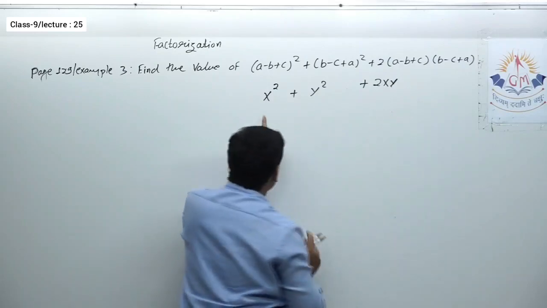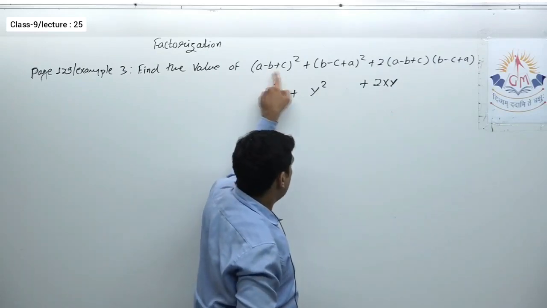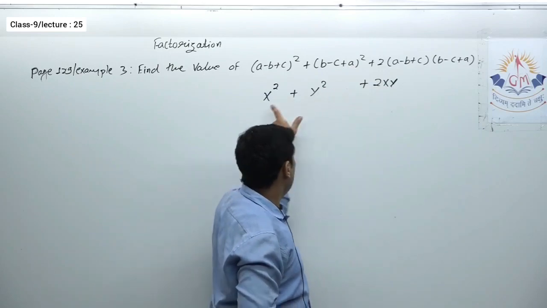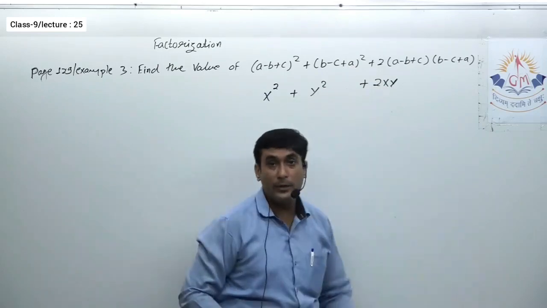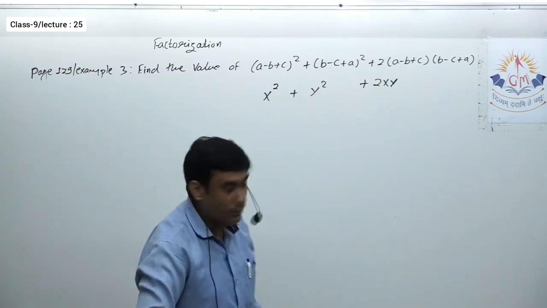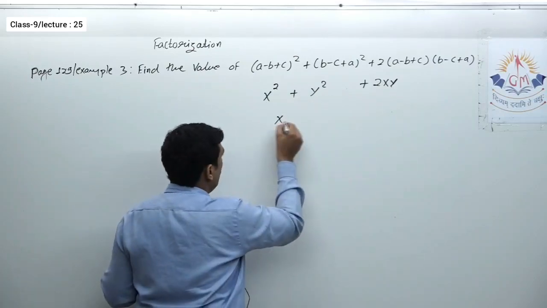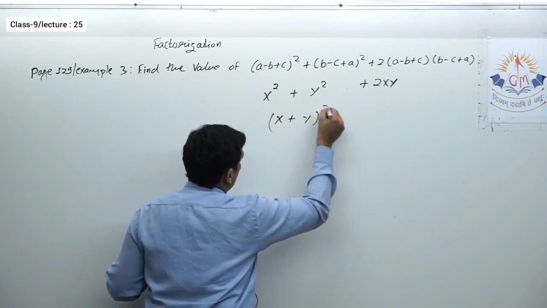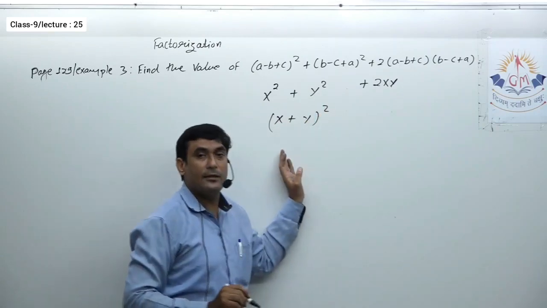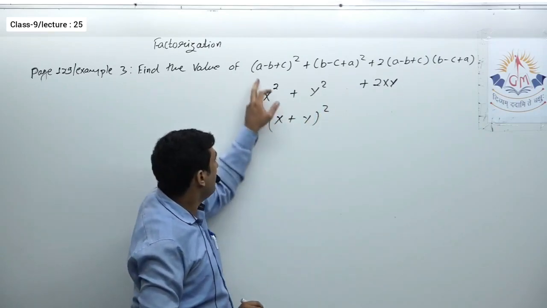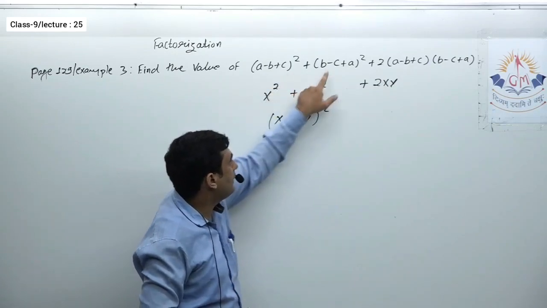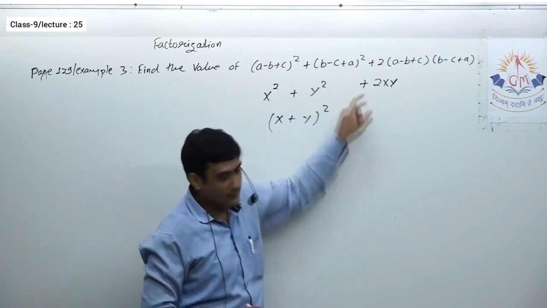So this is actually x square plus y square plus 2xy. And I know that x square plus y square plus 2xy is actually x plus y whole square. So using this identity, it is very easy to simplify this. Simply at the place of x I put this, at the place of y I put this.